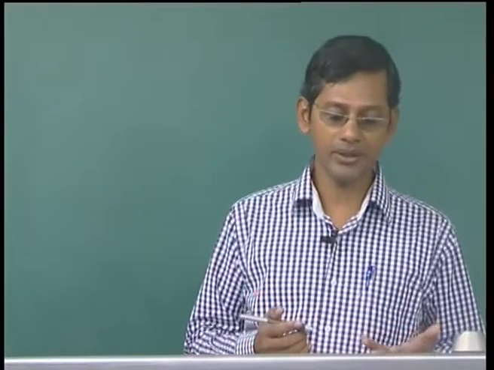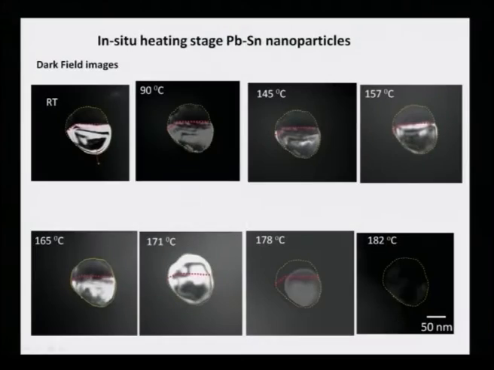If we align the particle in such a way that the lead is illuminated in dark field and the tin is not oriented properly for dark field, then as you heat from room temperature to 90, 140, 157 and even 182 degrees Celsius, you see there is a change in the particle.